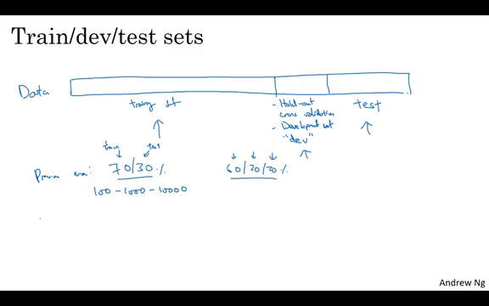But in the modern big data era, where, for example, you might have 1 million examples in total, the trend is that your dev and test sets have been becoming a much smaller percentage of the total. Because remember, the goal of the dev set, the development set, is that you're going to test different algorithms on it and see which algorithm works better.